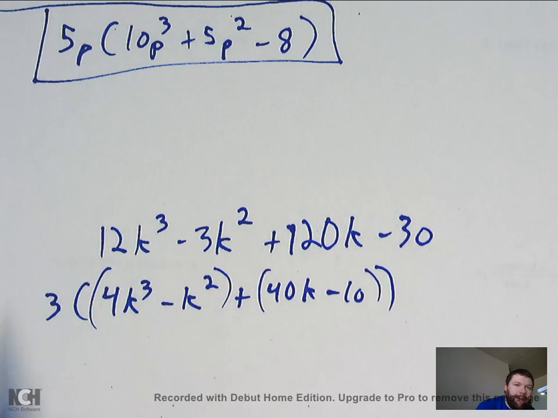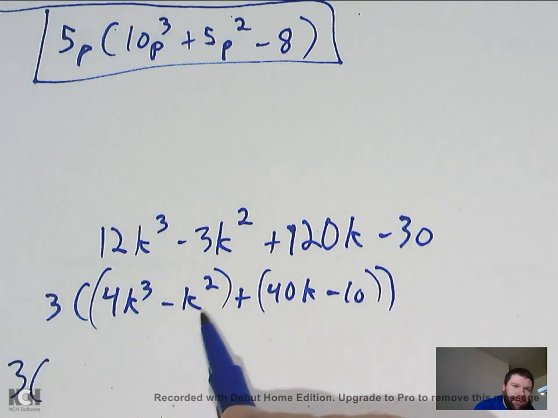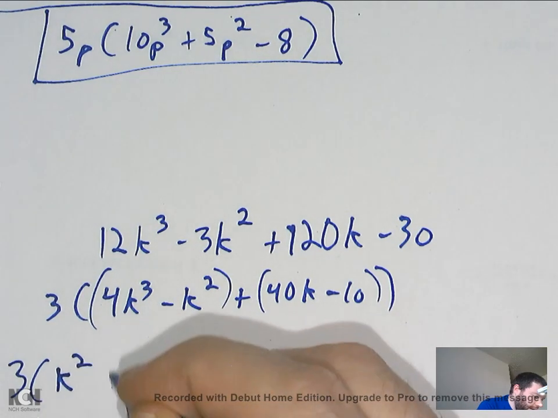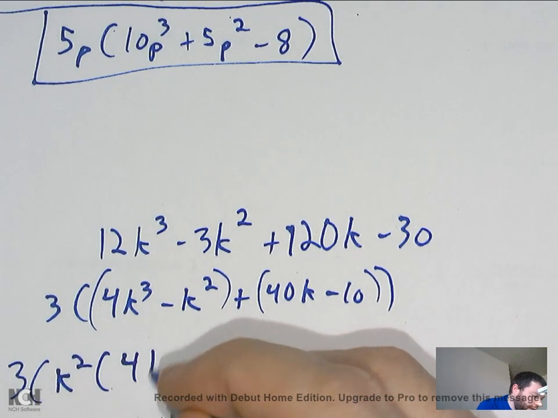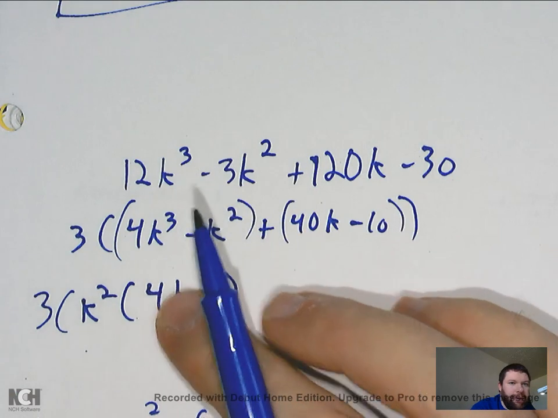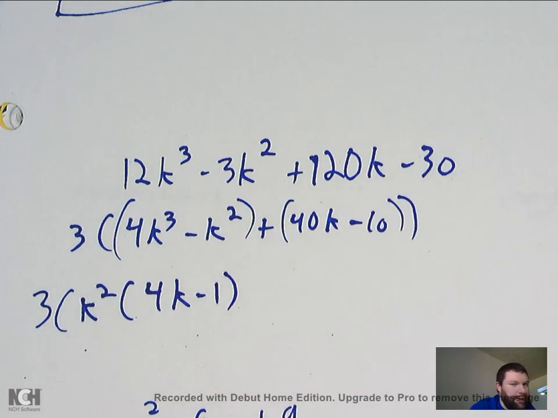So I still have this 3 in front. It's still going to stay there. 3 stays in front. And then this first one looks like I can take out a k squared. And that would leave me with 4k minus 1. And again, I have to make sure that I get the same binomial in each of these, or I can't factor it.